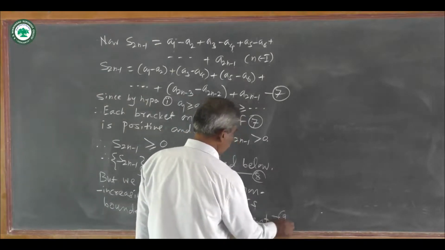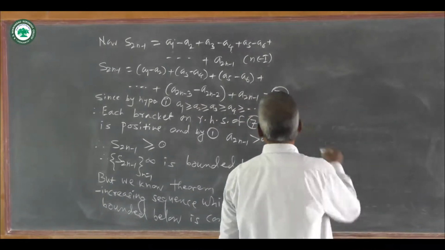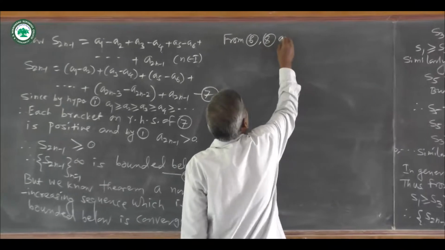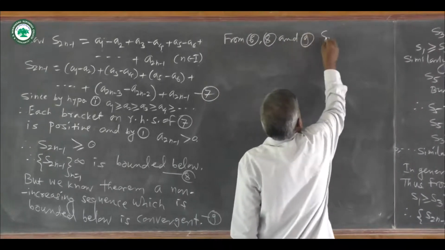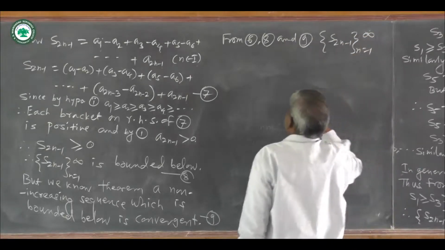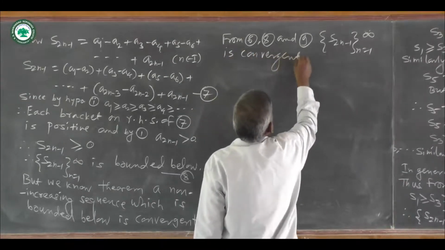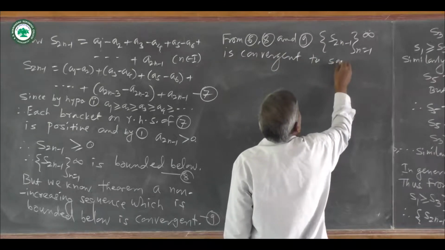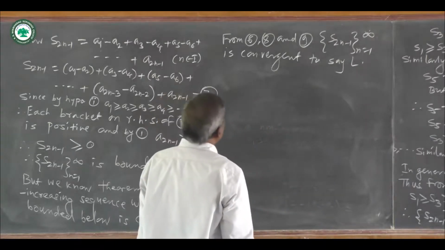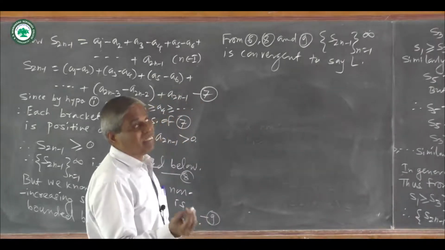This is 9. From 6, 8 and 9, the sequence S suffix 2n minus 1, n equal to 1 to infinity, is convergent to say L. Therefore, limit n tends to infinity of S suffix 2n minus 1 is equal to L.